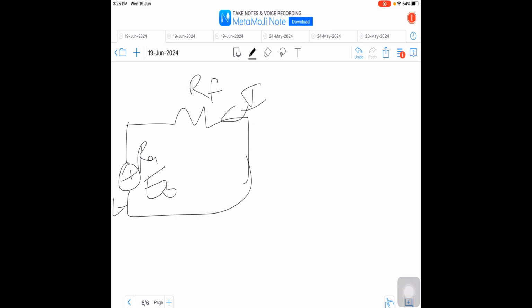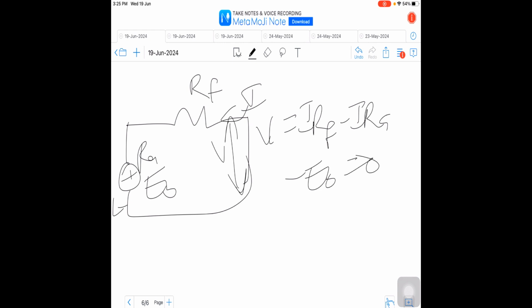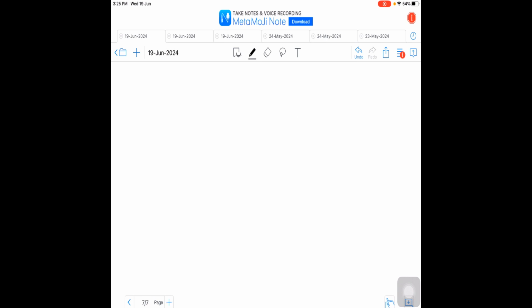From this we can write V minus I RF minus I RA minus EB is equal to 0. So voltage across here is V. So we can simply write EB is equal to V minus I into RF plus RA, because it is a series resistance. So substituting we will get EB1 as 380 volts.